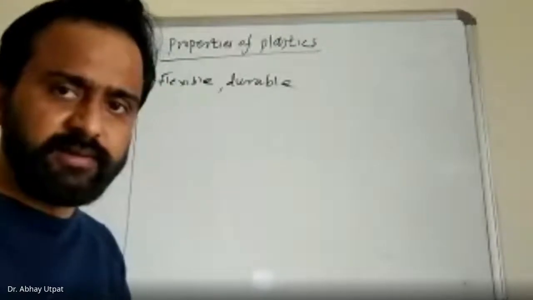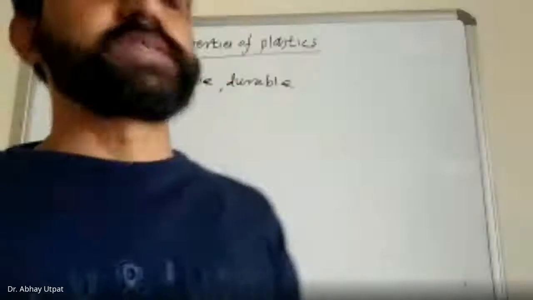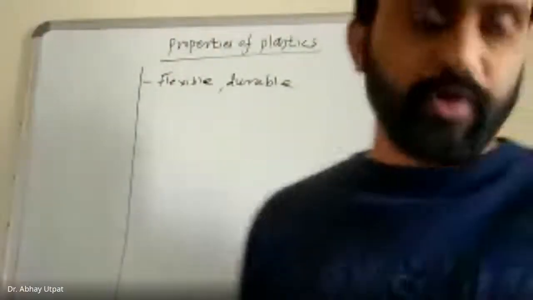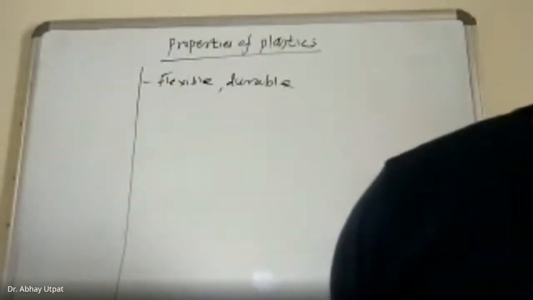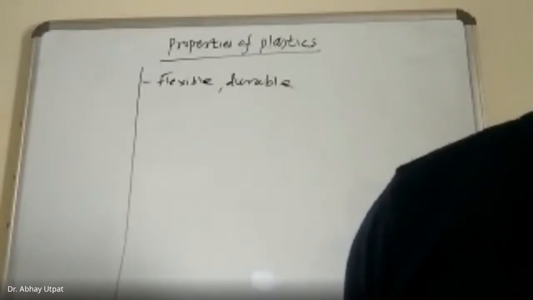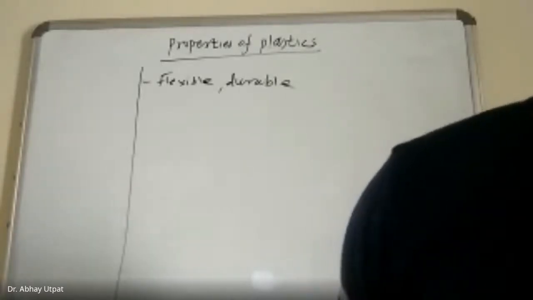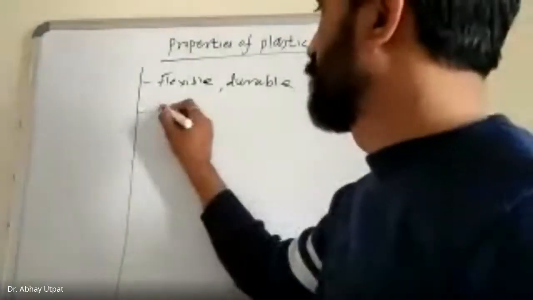Large number of polymers. No. See, simple. Consider you put wood in front of you, you put metal in front of you, you put any other material in front of you, and compare and tell. You start with good mechanical strength.